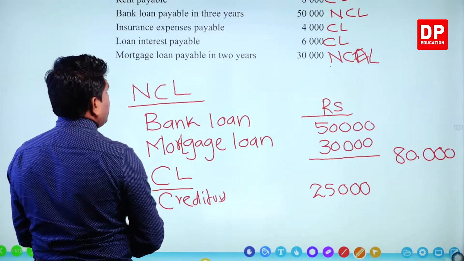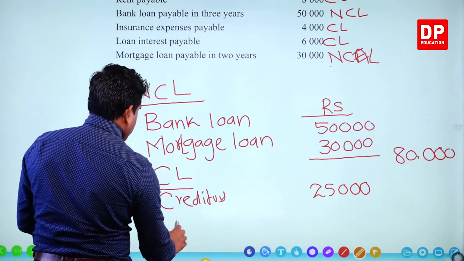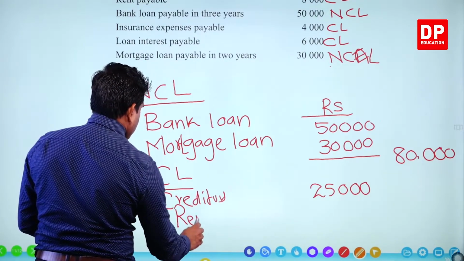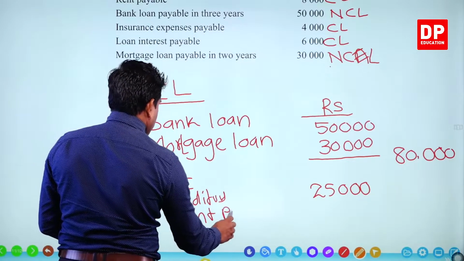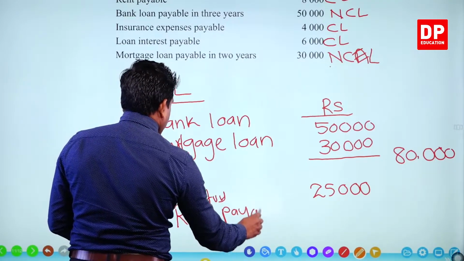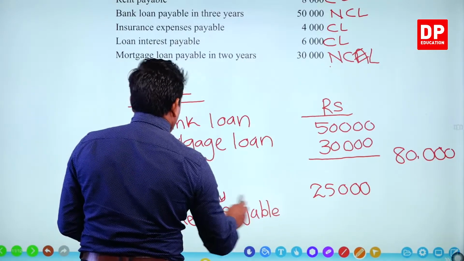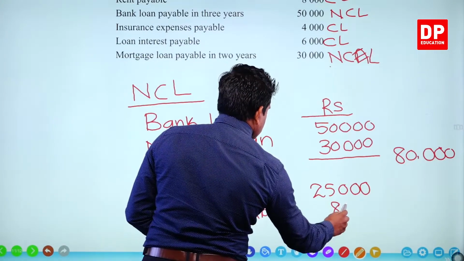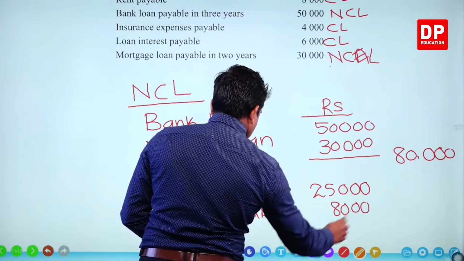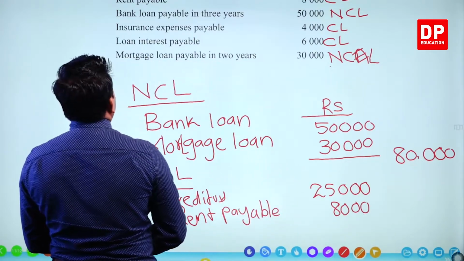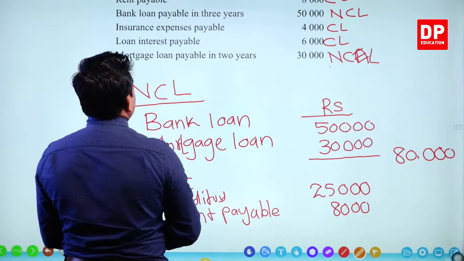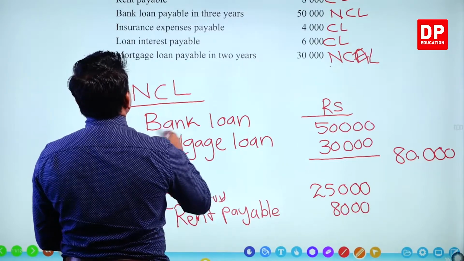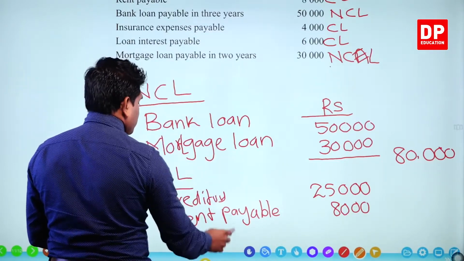Rent payable. Any payable, right? Rent payable. How much? 8,000. Next one. Bank loan payable in 3 years, non-current liability. Insurance expense payable, 4,000.